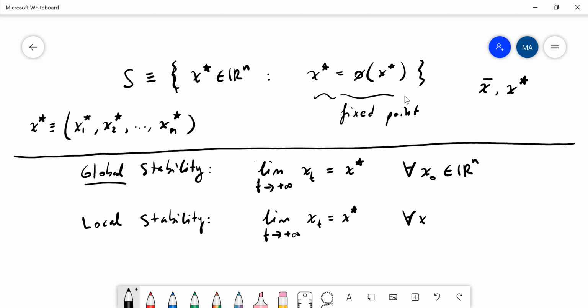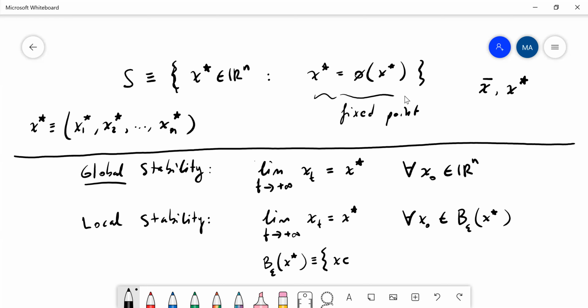For all x in the neighborhood of x star. Here, this is the epsilon neighborhood of x star, which is defined in this way. So it is a set defined in this way.